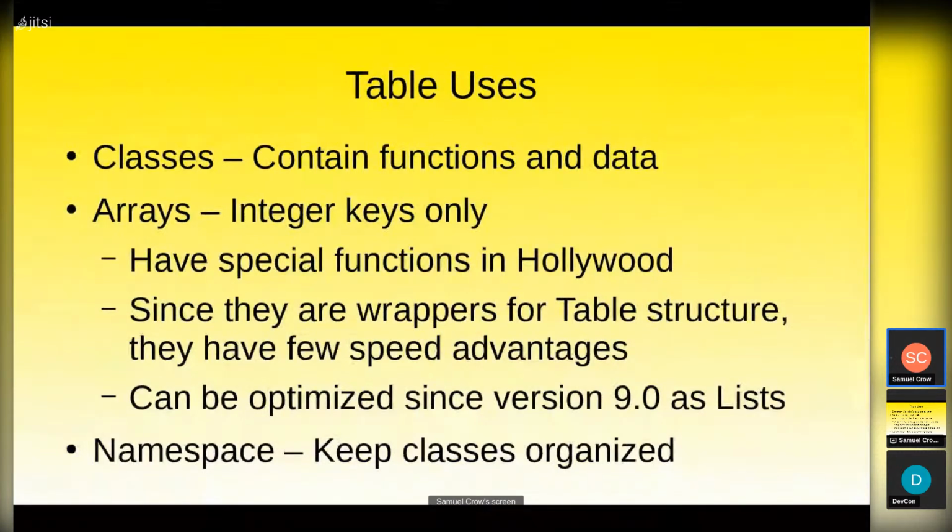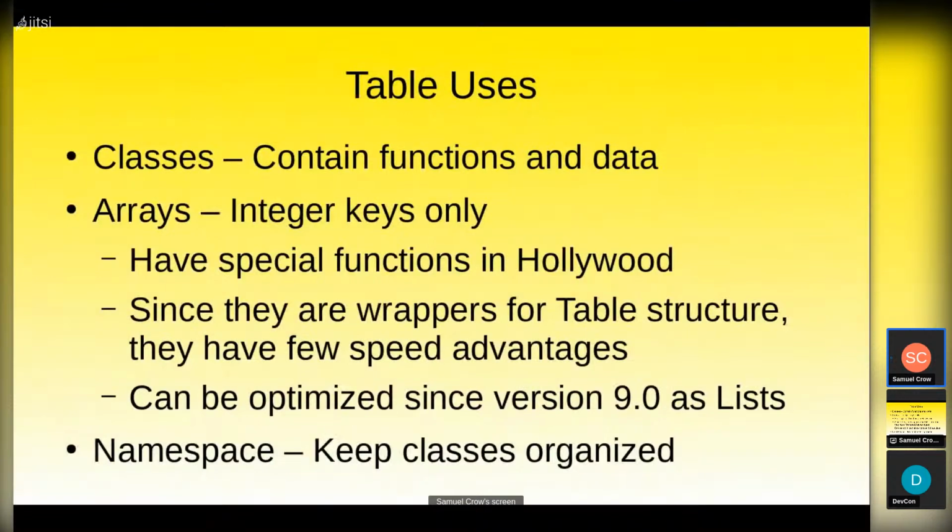Classes are used to contain data and optionally functions. When functions are stored with the associated data, that's called object-oriented programming. There is an additional slideshow on how to use tables for object-oriented programming later on.